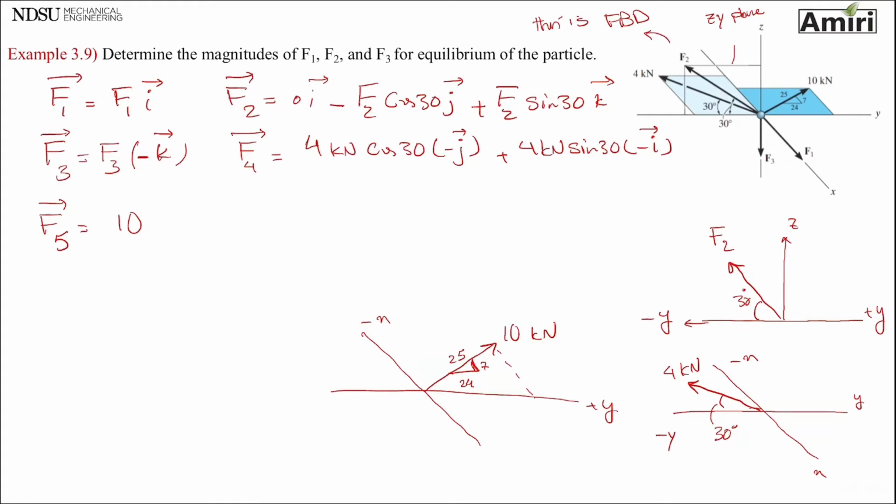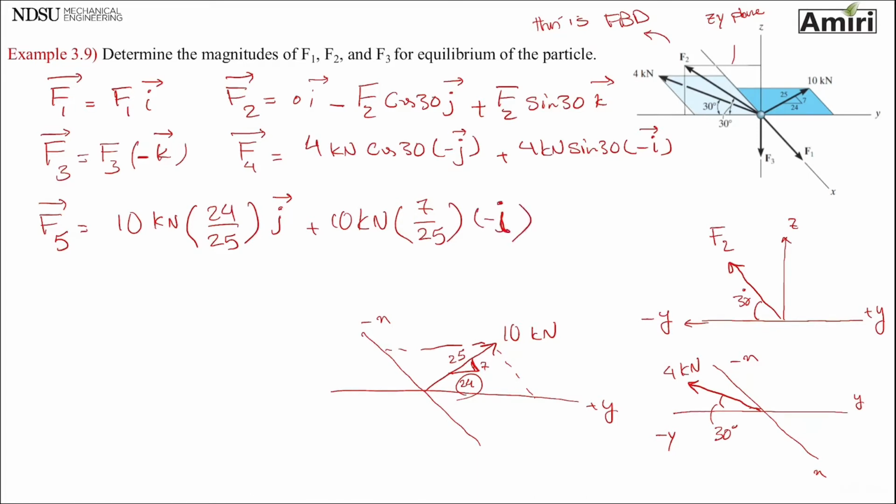I'm looking for Y, so I pick this 24, 24 over 25. That is positive j. And then the X component, 10 kilonewton, slope triangle, I pick 7 over 25, and it's pointing to minus i. And these are all of my forces.